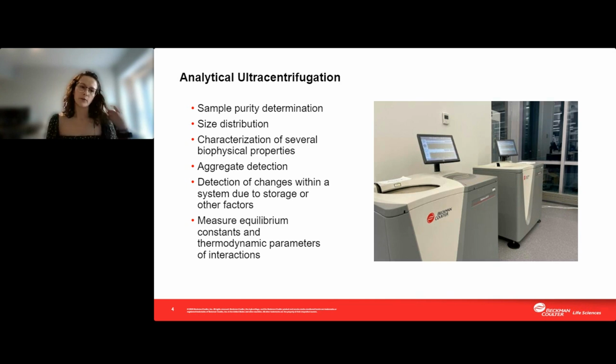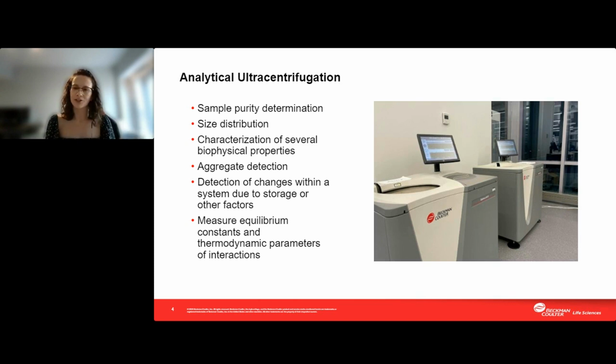You can use it for aggregation detection and to detect if there were any changes within your system during storage or other factors. So if you want to see if storing it at 4 degrees is more stable than storing it at room temperature or at -80, you can use it for studies like that to compare between the different conditions. It can also be used to measure equilibrium constants and thermodynamic parameters of the interaction.